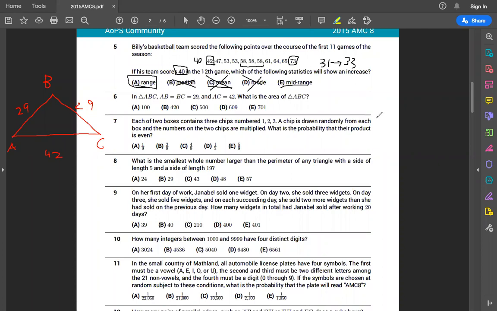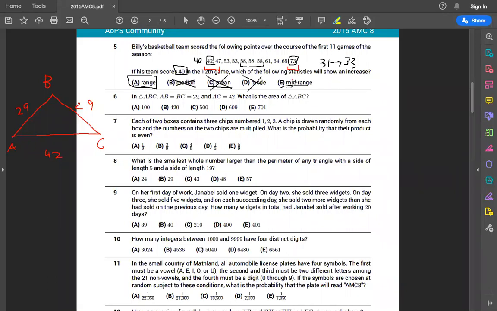Mid-range is pretty much if we take the highest number and the lowest number, and then we take the average, that would be the mid-range.